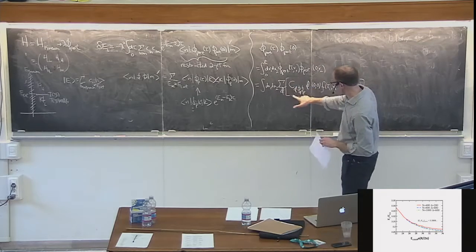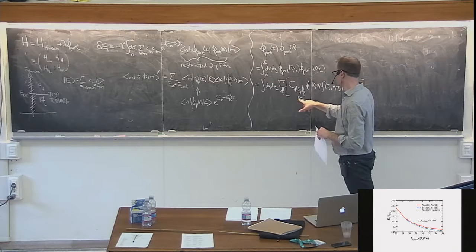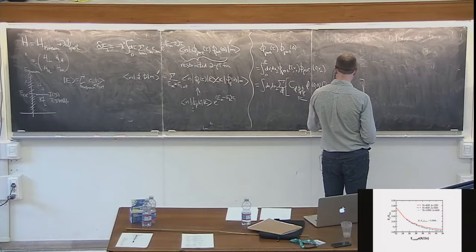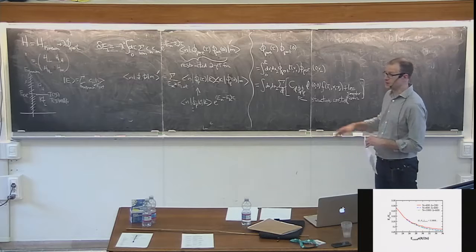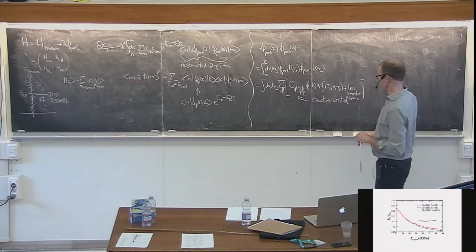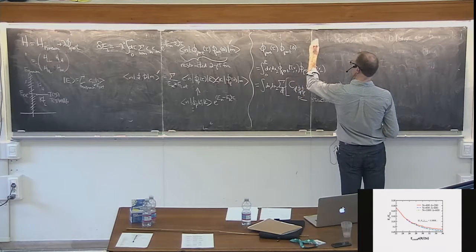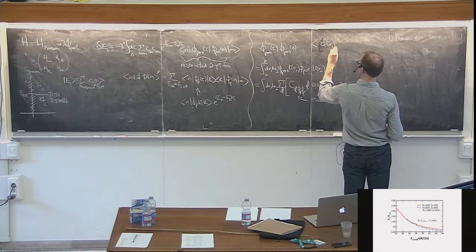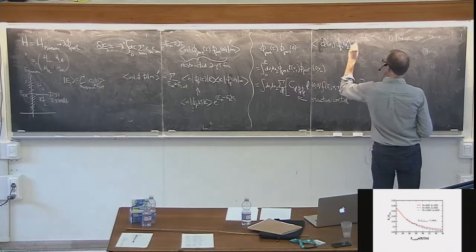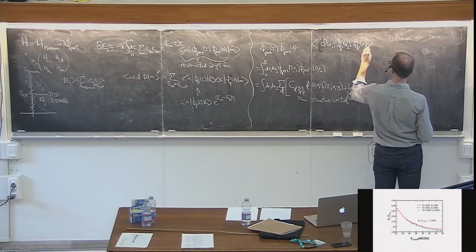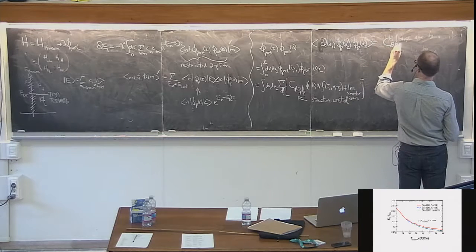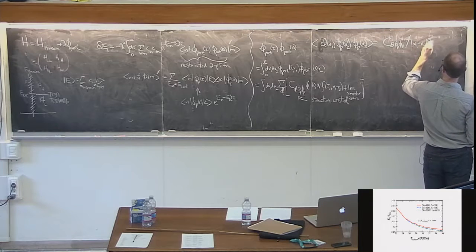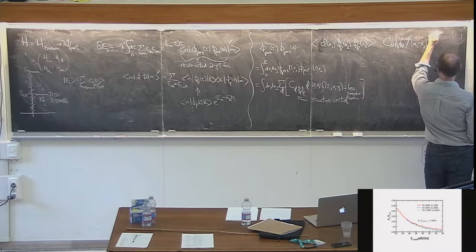This constant C phi p p is the structure constant that Slava was talking about yesterday in the context of d-dimensional conformal field theories, but it's the same object. So let's use his notation.